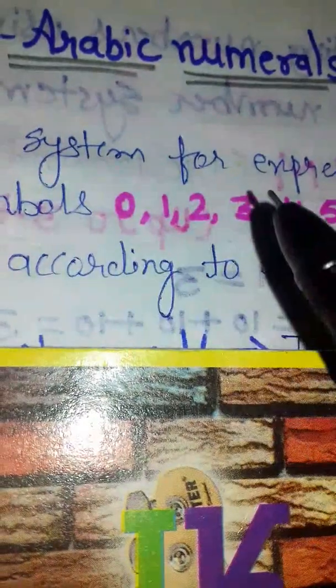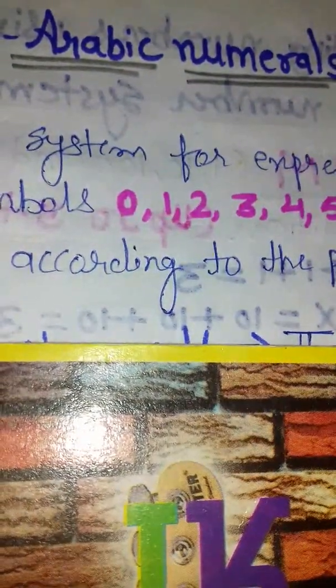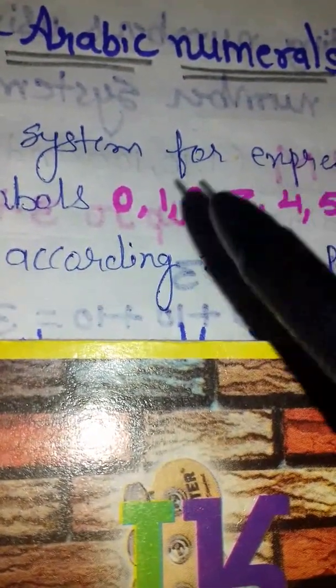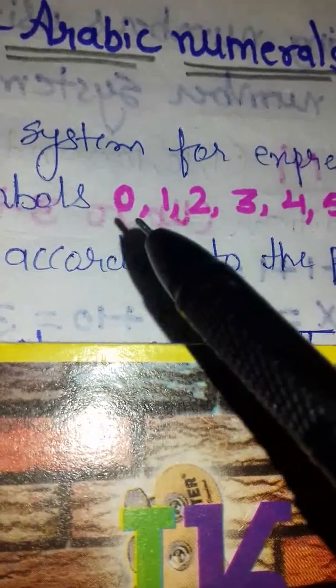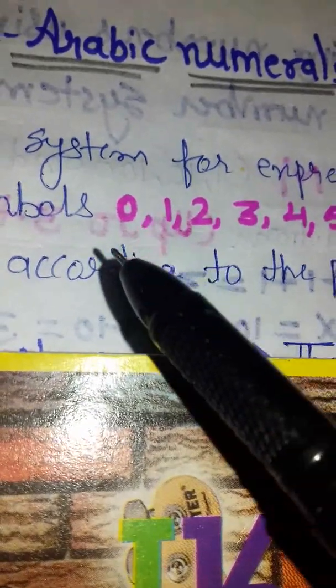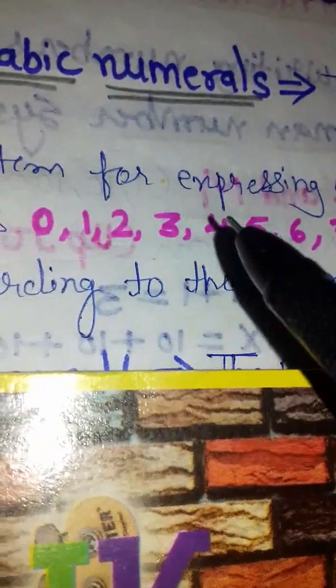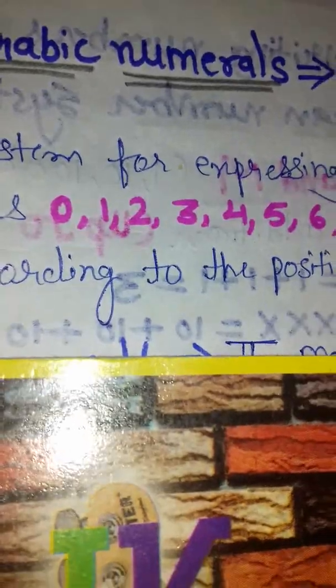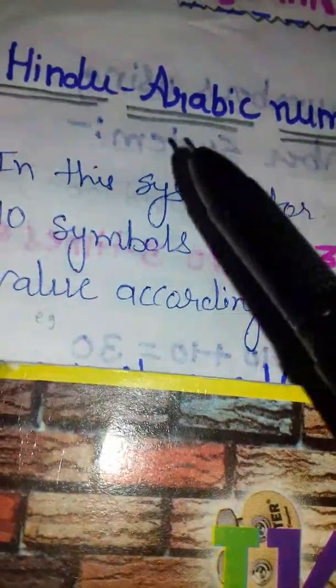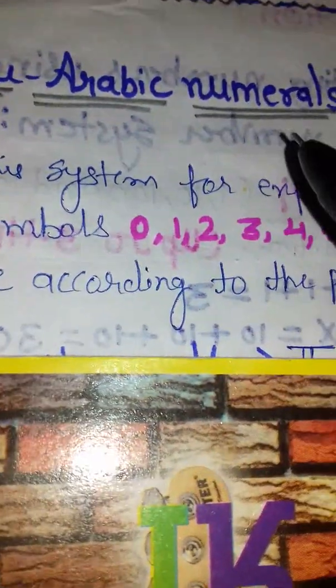So in short, we can say the Hindu-Arabic numeral system is based on the place value system, having 10 symbols 1, 2, 3, 4, 5, 6, 7, 8, 9 and 0 as the basic symbols for writing numbers. Okay, so this is the Hindu-Arabic numeral system.